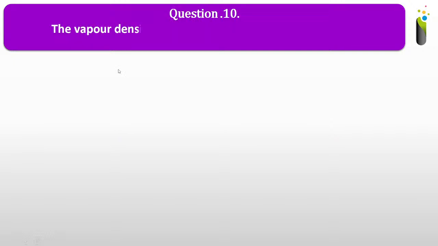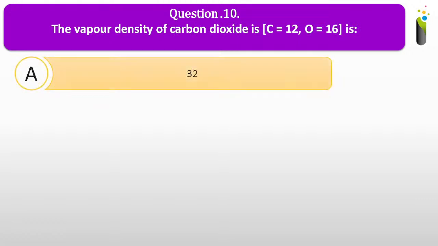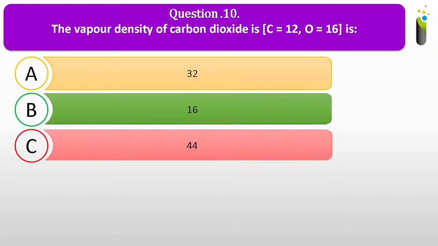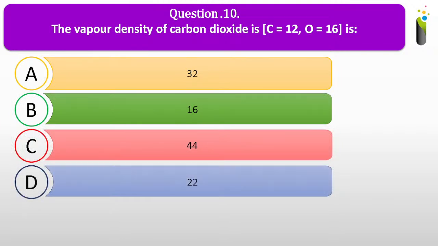Question number 10. The vapor density of carbon dioxide is dash, when you know that carbon is 12 and oxygen is 16. A. Is it 32? B. Is it 16? C. Is it 44? D. Is it 22?